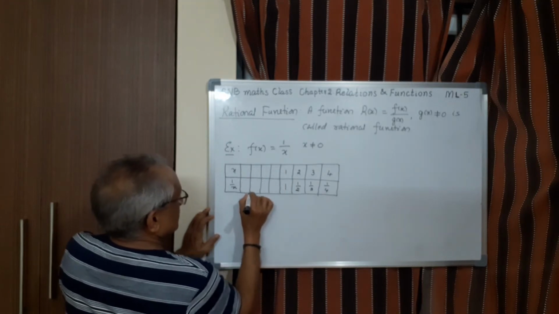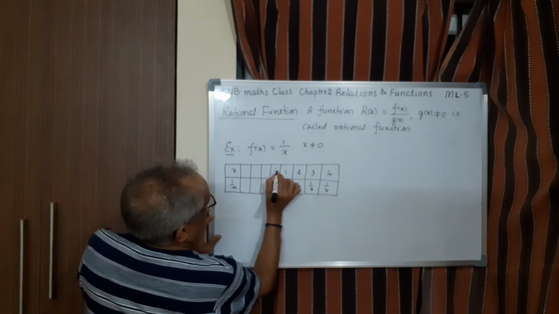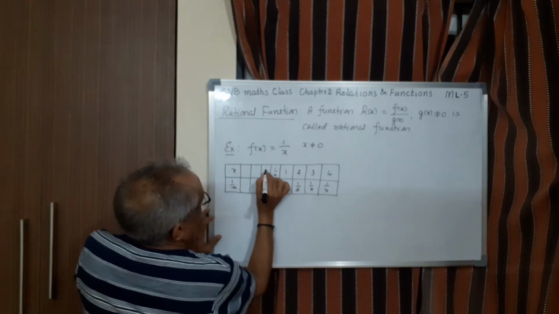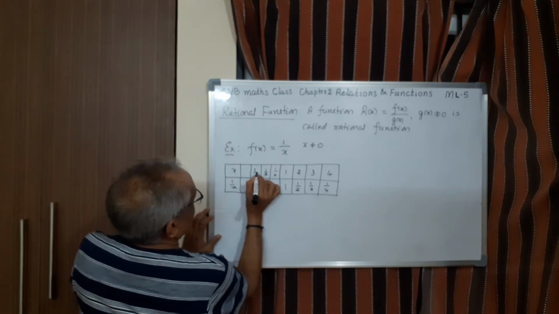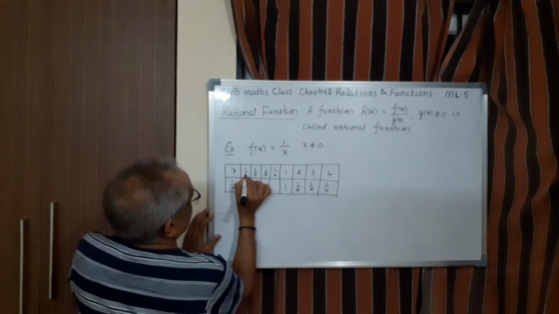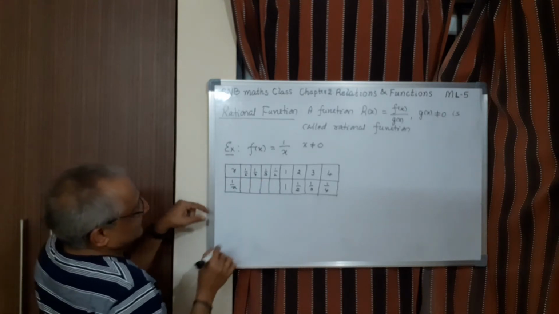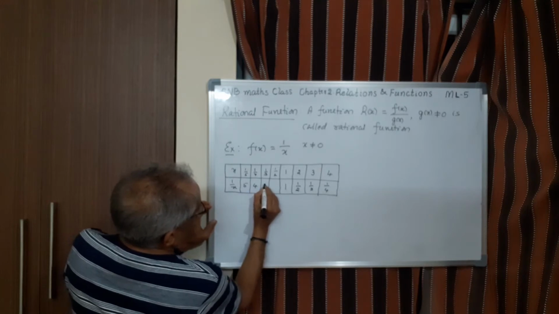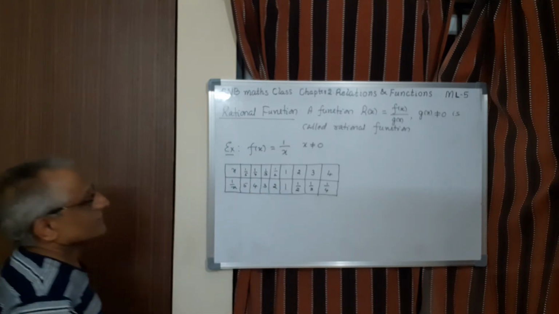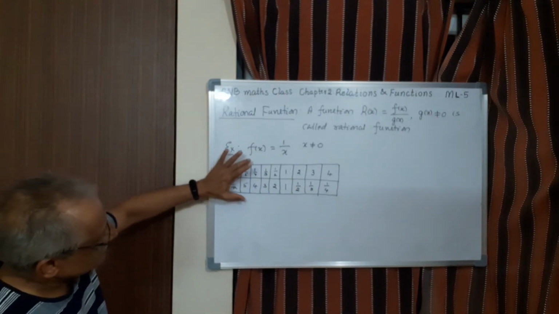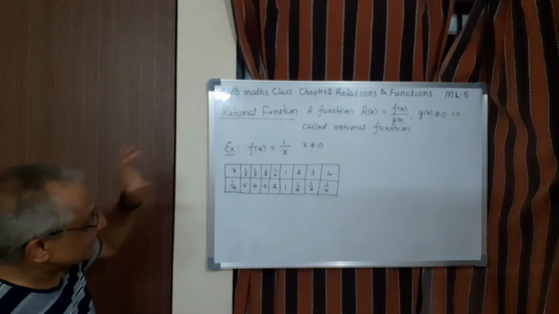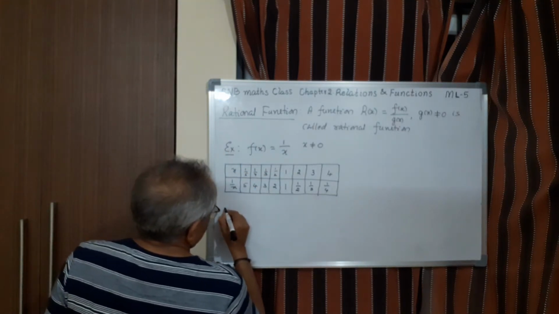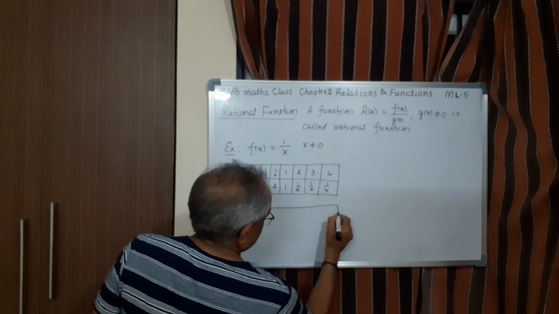Therefore what I do is I will take, for example, 1 by 2, 1 by 3, 1 by 4, 1 by 5 for example. So what is the reciprocal of 1 by 5? This becomes 5, this becomes 4, this becomes 3, this becomes 2. So this is the arrangement. That is only for the positive value. Same thing I will do for the negative also. So I will prepare one more table like this.